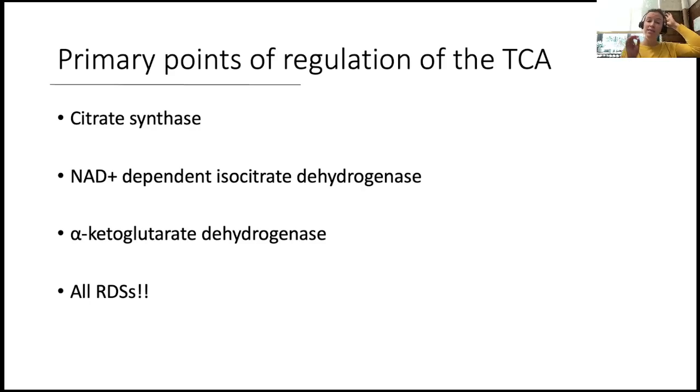How is the TCA regulated now, moving from PDH complex into the TCA? It is primarily regulated at its 3 rate determining steps. Again, take a look at the handout. It'll show you those 3 rate determining steps with the single-headed arrows.